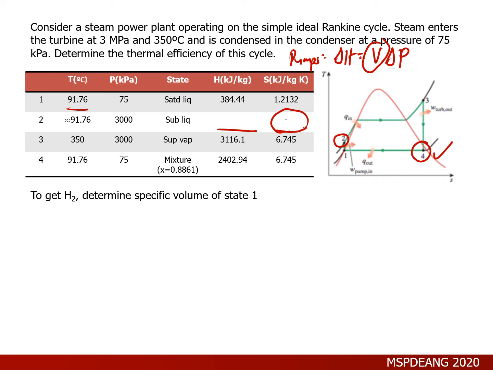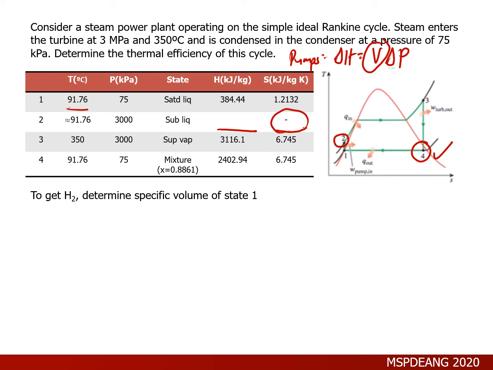So, a tip: if you see any saturated liquid in your steam power cycle, get the specific volume of all saturated liquids right away. You can add that to your table as well, or if not, just take note of all the saturated liquid specific volumes that you will encounter.